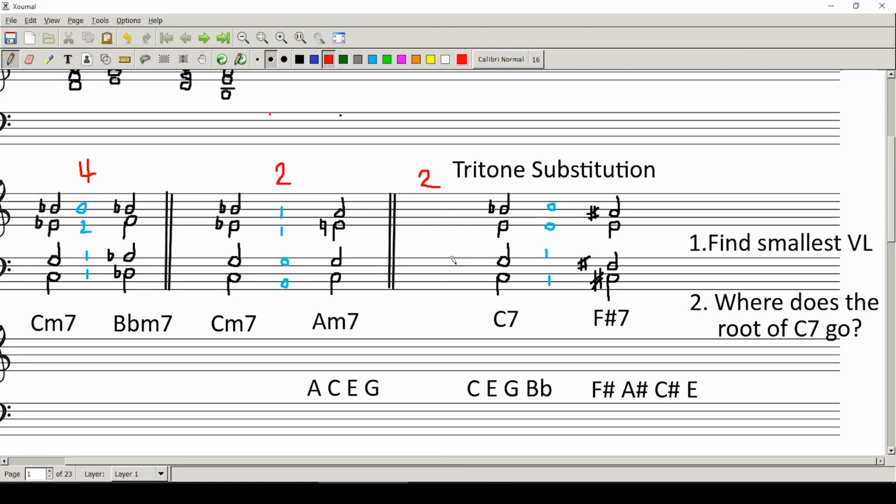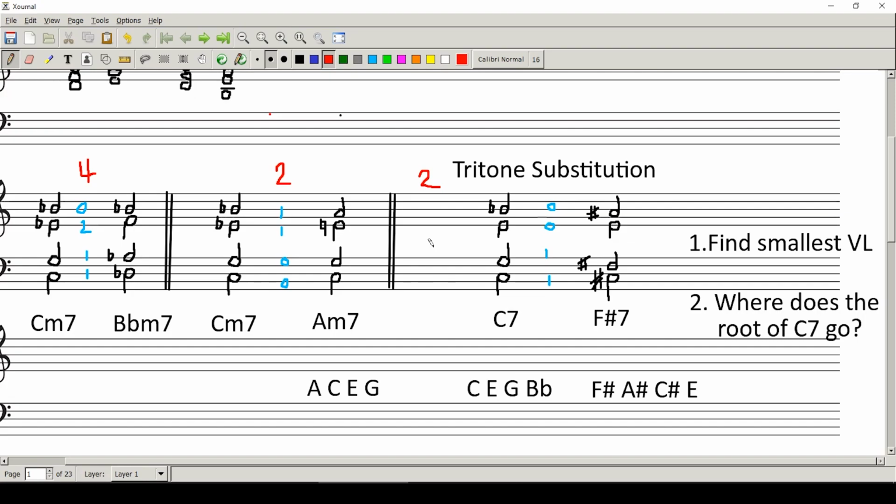It does feel really similar to C minor 7 going to A minor 7. Notice that in some sense, they're kind of different, because C minor 7 to A minor 7, the root became the third, whereas here, the root becomes the fifth. But you're totally right that in some sense there's this sort of contrary motion where a fifth is becoming a perfect fourth and vice versa, if I reverse it.